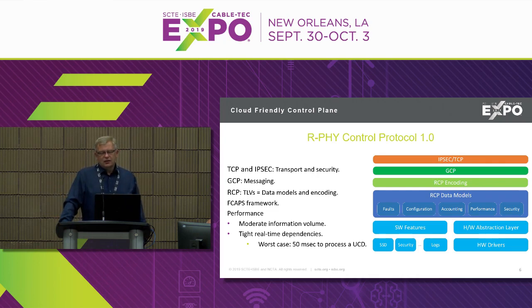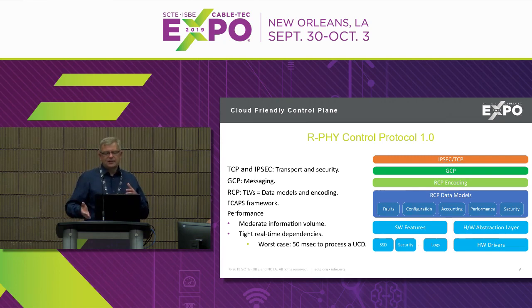But unlike in DOCSIS, where those TLVs are fully custom to the functions they serve, the Remote PHY Control Protocol 1.0 uses the FCAPS framework. FCAPS stands for Faults, Configuration, Accounting, Performance, and Security, which are the foundations of all network management protocols.